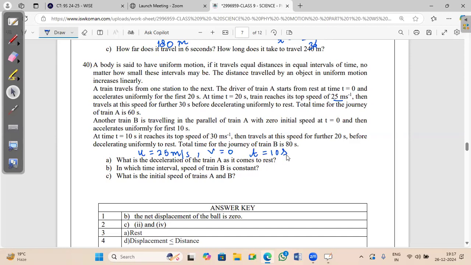Is the time 10 seconds? Yes, sir. So the total time for this is 10 seconds. You find the acceleration, which will be the same as deceleration. So a equals v minus u over t, which is 0 minus 25 over the time. The time is 10, so you get negative 2.5 meters per second squared.